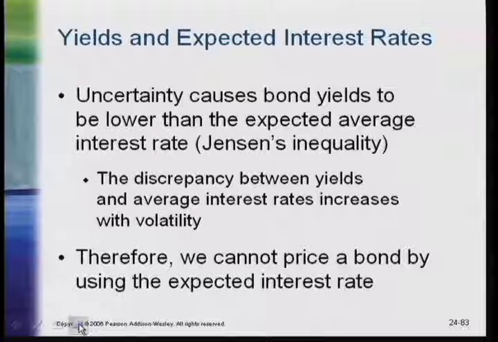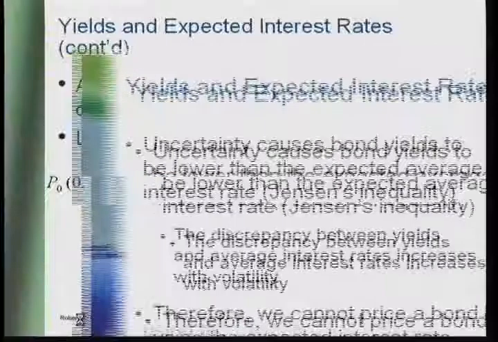So the point again is that in this expectation, we are doing the expected value of the zero price using different paths in the lattice, which is very different than pricing a zero with the risk-neutral average of interest rates. We saw this earlier. It's a result of Jensen's inequality.